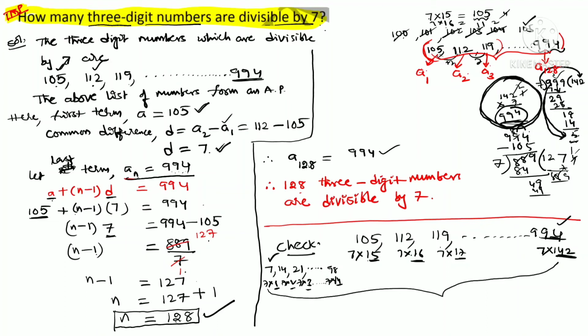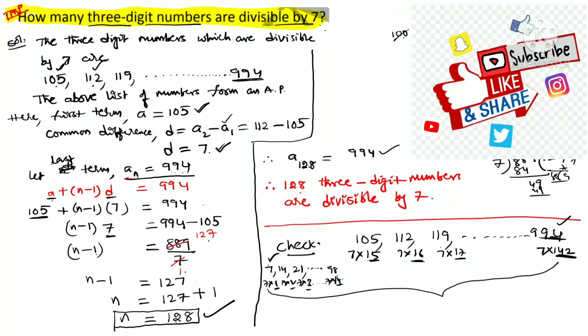So 7 is common everywhere. But are we taking from the first multiple to the 14th multiple? These 14 numbers, are you taking them? As per our question, we want only 3-digit numbers, so these 14 numbers will not come. Yes or no? So totally, from 7 into 1 to 7 into 142, there are 142 numbers, but we want only 3-digit numbers.